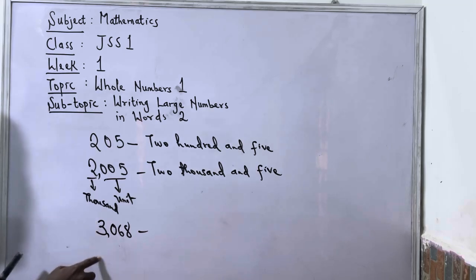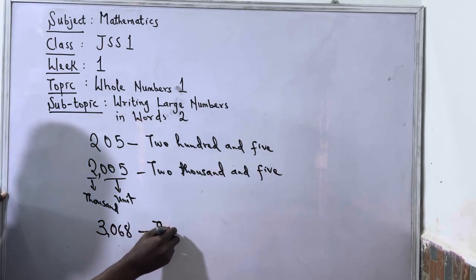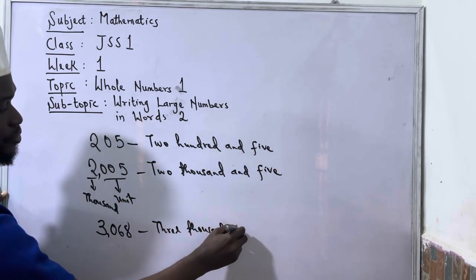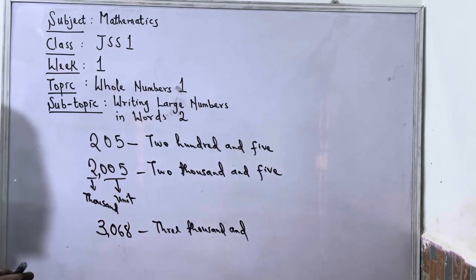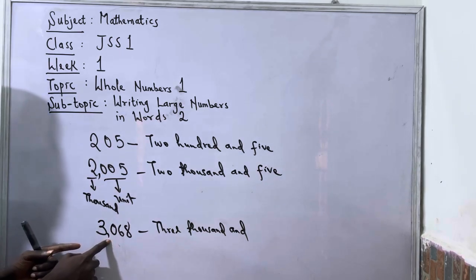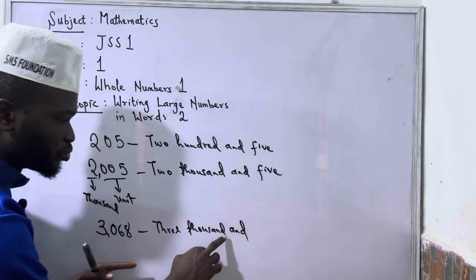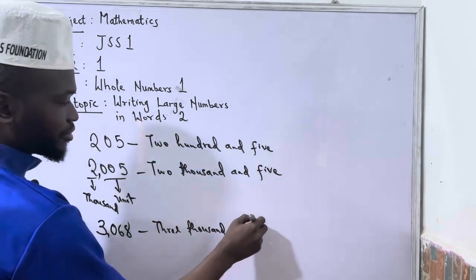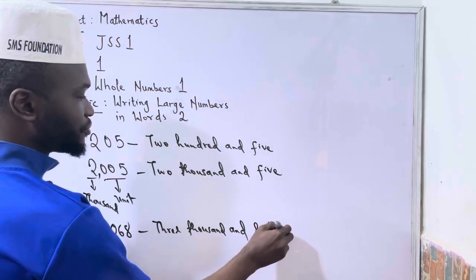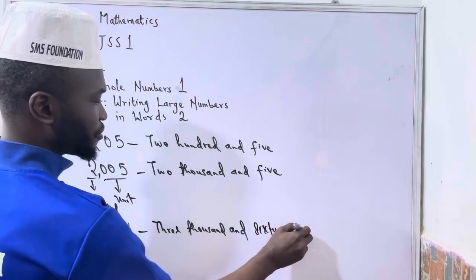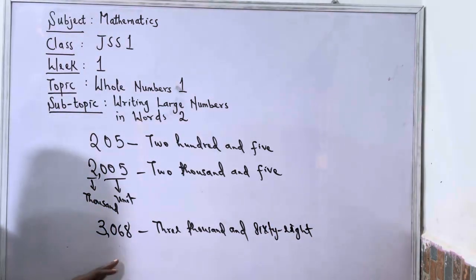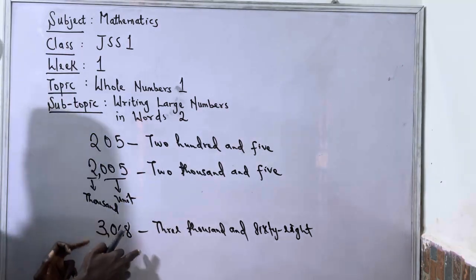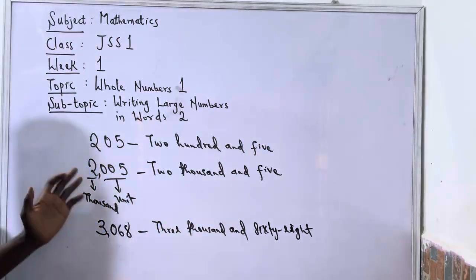I have to say 3000, and as I said, if a 0 follows the comma in thousand, you don't need to put a comma here. So 3000 and 68. What we have here is 3068.